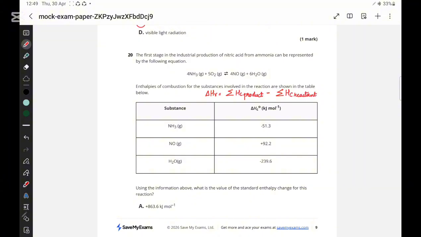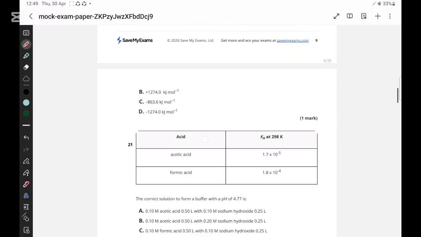If we see the products there, 4 times NO is 92.2, I'm going to put a bracket here, plus 6 times water molecules, that is minus 239.6, minus the reactants, 4 times NH3, 4 into minus 51.3, and the answer comes out to be minus 863.6 kilojoules per mole. So our answer is going to be C.